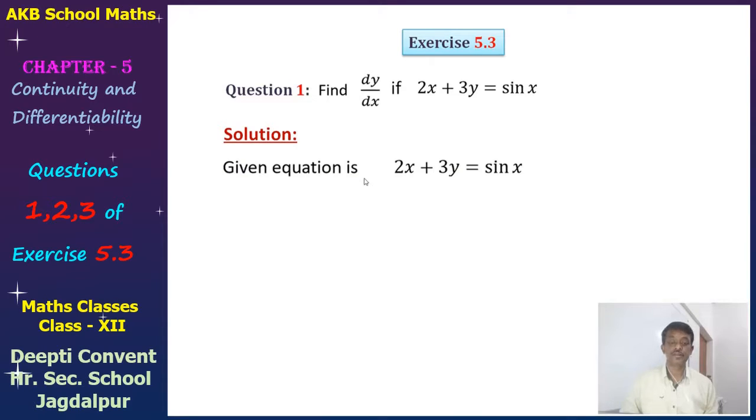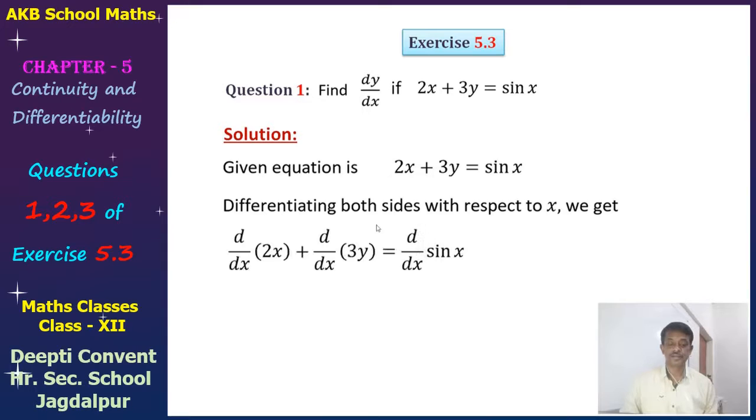The given equation is 2x plus 3y equals sin x. So it is easy to directly differentiate on both sides. Differentiate both sides with respect to x. On the left side, the derivative of 2x is 2, and the derivative of 3y is 3 dy by dx. On the right, the derivative of sin x is cos x.